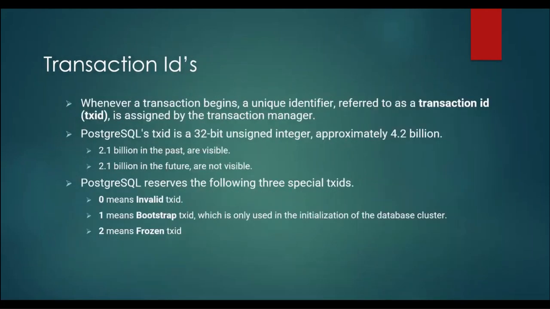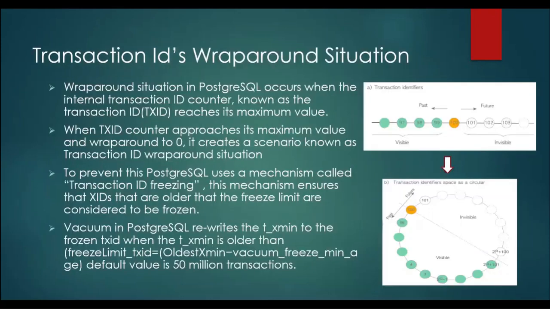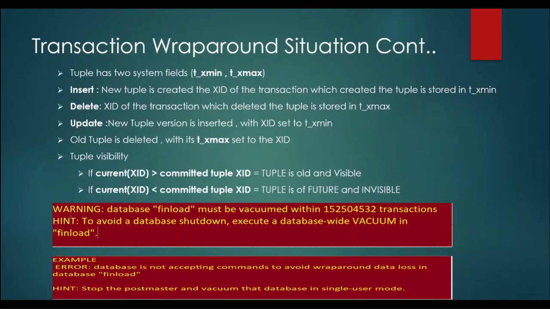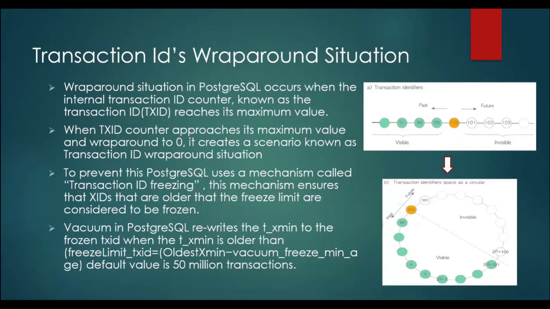Basically, here the transaction ID space is 2.1 billion for the past and 2.1 billion for the future. Whenever it reaches half of the transaction IDs, which is 1 billion, you will get a warning message like this, and the warning messages keep coming. The auto vacuum process will take care of it whenever the limit is reached, at 50 million transactions.